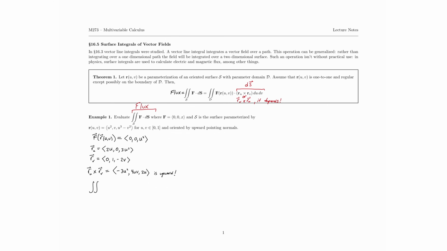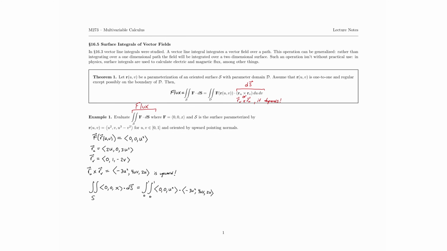So the double integral over the surface S parameterized by r of uv of our vector field 0, 0, x dot dS is equal to the integral from 0 to 1, 0 to 1, our vector field, which we had 0, 0, u squared, dotted with the appropriate normal vector that we just found, which is negative 3u squared, 4uv, 2u, and then we're integrating over a rectangle in the UV plane.